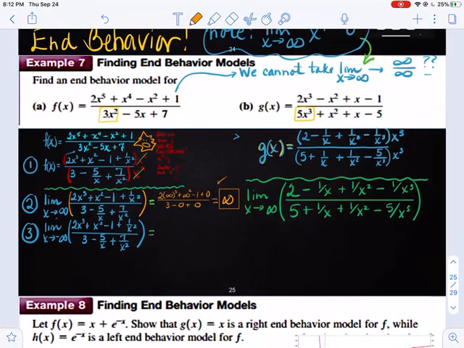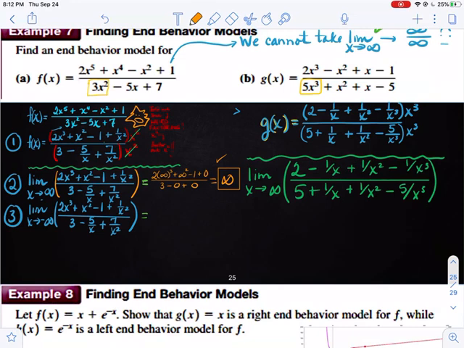And I have to be careful because you don't always get what you would expect. So it's kind of strange. Let's see what we have here. We have 2 times negative infinity cubed plus negative infinity squared, and then the rest is just minus 1 plus 0 again, over 3 minus 0 plus 0.